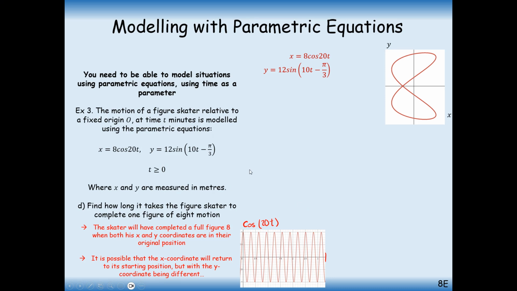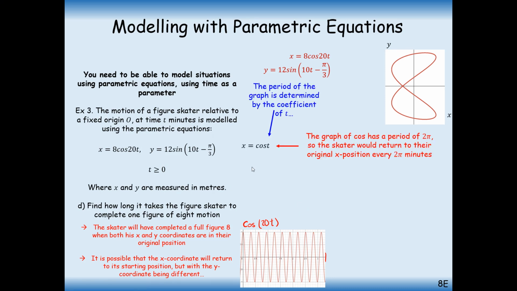So we need to actually find at what points both of these x and y values will have completed the full period. As you can tell, the periods for cos 20t are shorter than the periods for sine, because sine has a coefficient of 10 in front of t. We will only have 10 periods in the sine curve and 20 periods in the cosine curve.